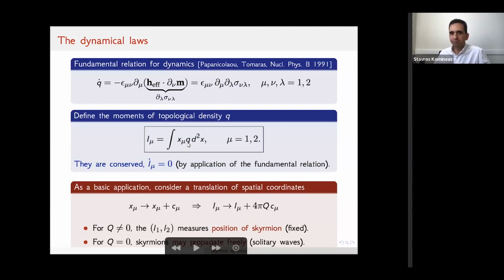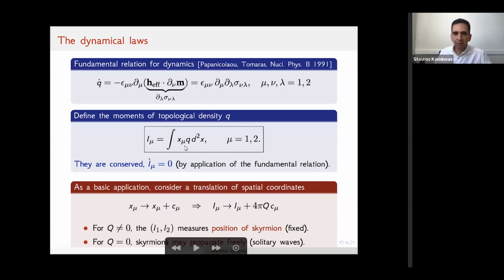It's like the center of mass in a solid body. So if you think that the mass of the skyrmion is its topological density, this is the center of mass. So the center of mass does not change. That's equivalent to saying the skyrmion does not move. And that's a proof that the skyrmion can never move.